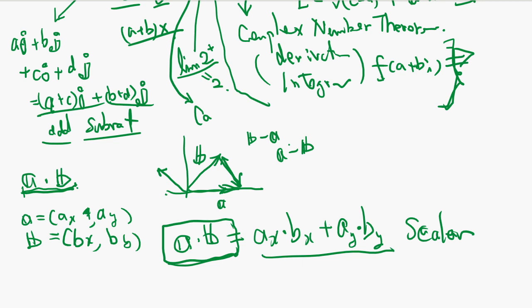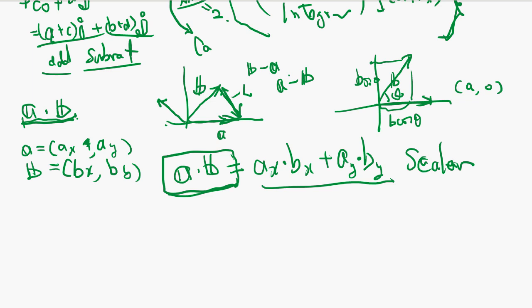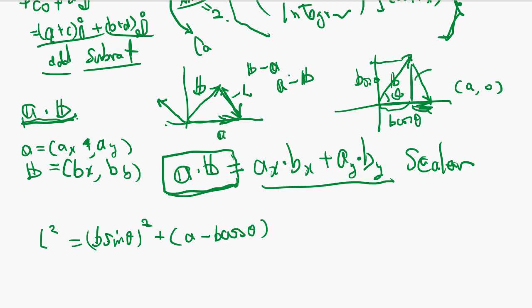What does it mean? The length squared is going to be this length squared and this length squared, right? Pythagorean theorem. So this length is B sine theta, squared, plus this length, A minus B cos theta, squared.